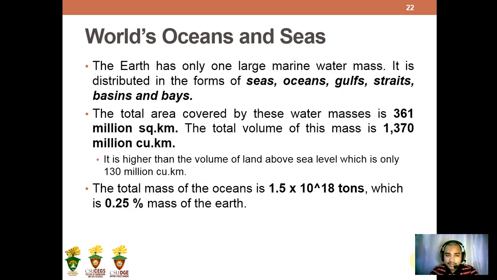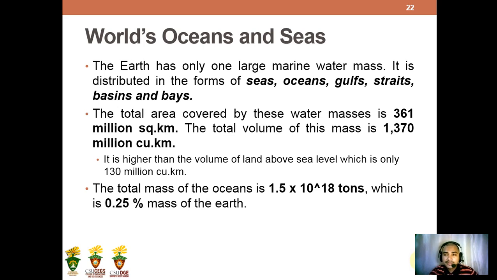So let's go to the discussion of the world's oceans and seas. It's stated here that the Earth has only one large marine water mass. Isa ra na sila tanan, tuyok ra na ang flow sa water. So di ba sa inyo ato, maybe elementary years or high school years, the teacher introduces us on the water cycle.